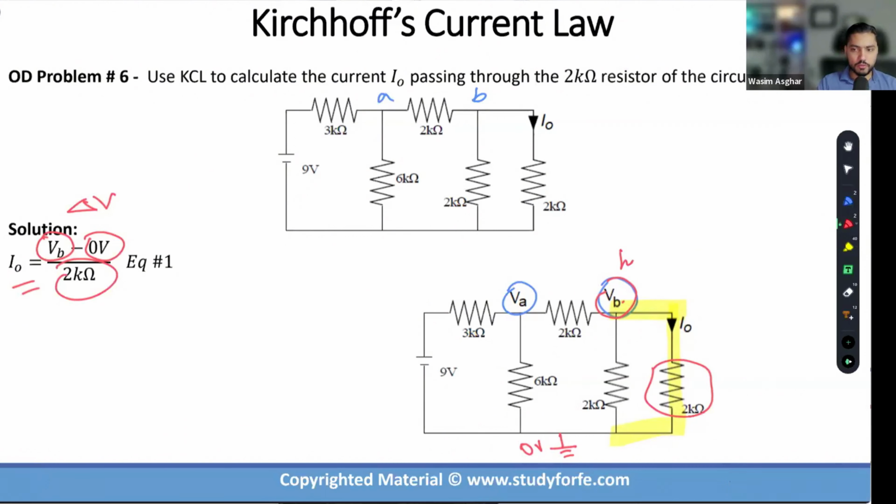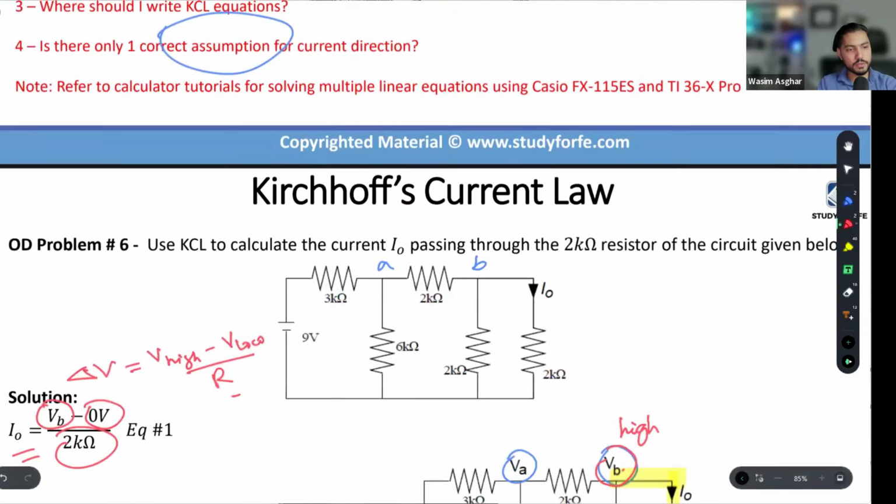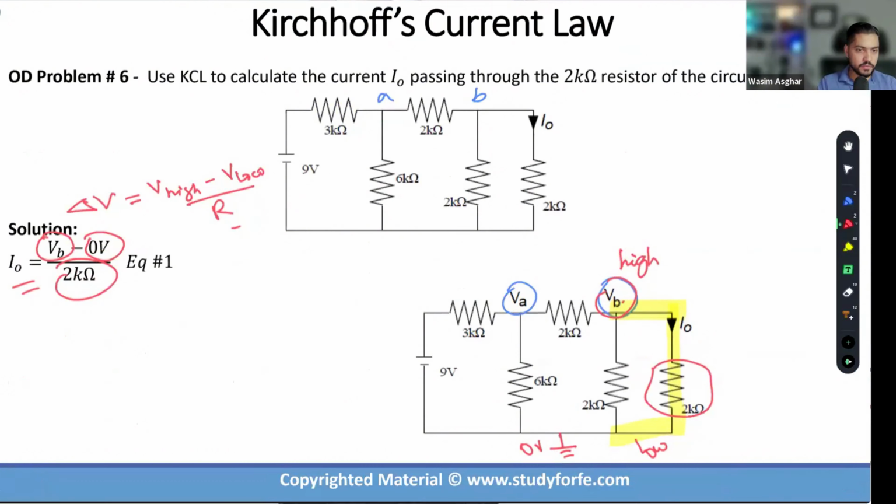Current will flow from a high potential to a low potential. That's what delta V is: V high minus V low divided by resistor, correct? So the direction that we've assumed is this direction, going down. So this becomes VB minus V0, 0 volt, divided by 2K. Any issues with this? That is one of the unique equations that I can write.